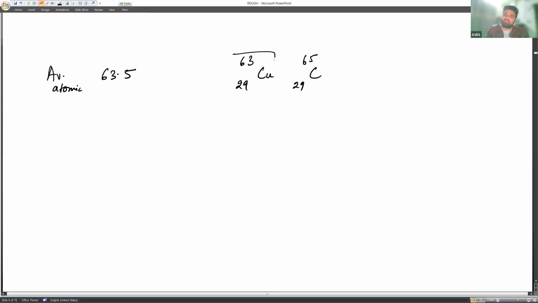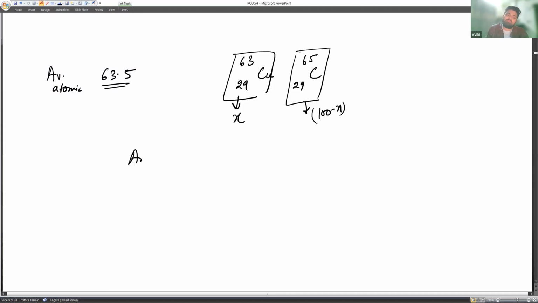If you consider that the percentage of this element is X, the percentage of the other element will be 100 minus X. We know that the average atomic mass of copper is given as 63.5, and these are the two isotopes of copper. So if one exists X% in nature, the other will automatically be 100 minus X%.